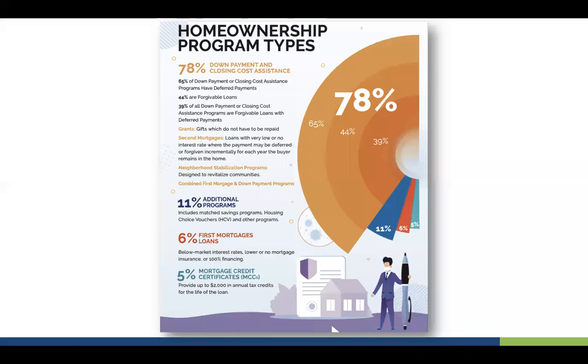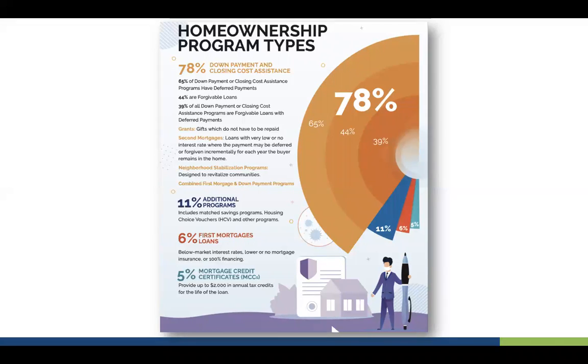But just so you know, we took a snapshot of all of these programs across the country just a couple of weeks ago. 65% of all down payment or closing cost programs had deferred payment features, meaning there was no repayment required up front or perhaps ever on that down payment assistance program. 44% of all down payment programs have or are forgivable, either in part or in full.